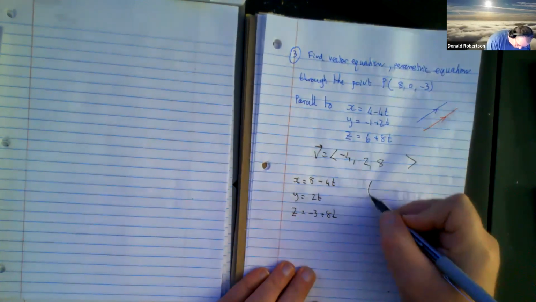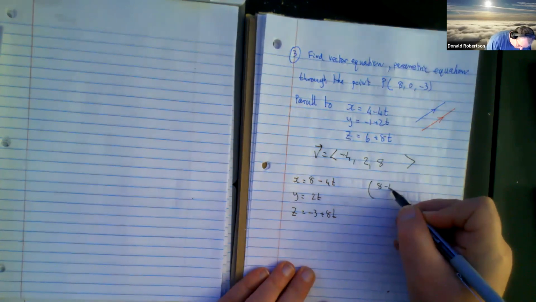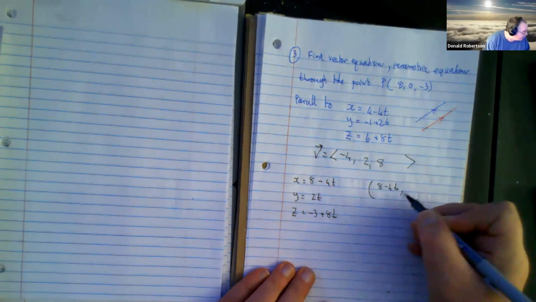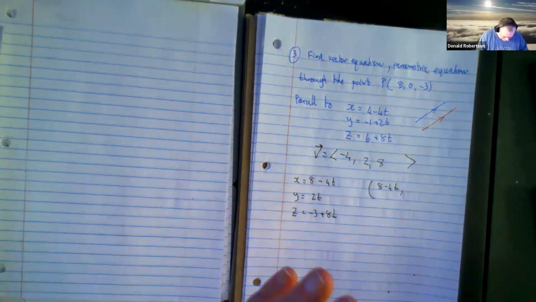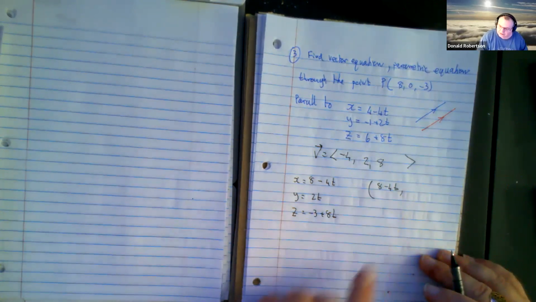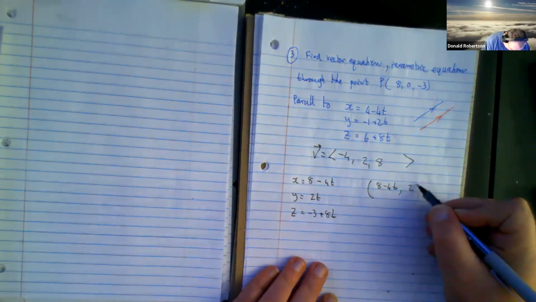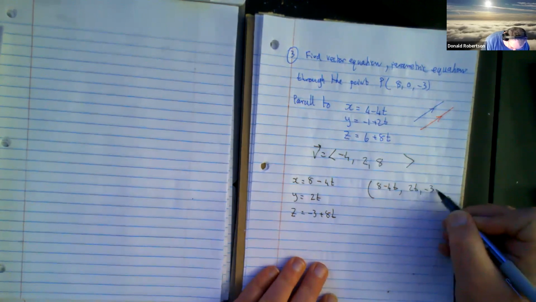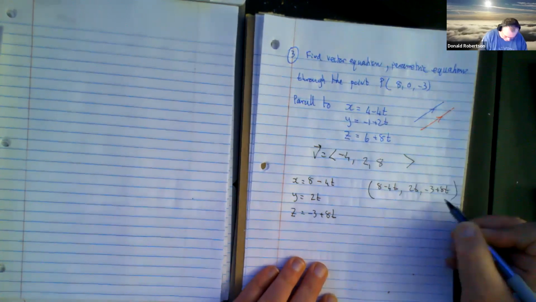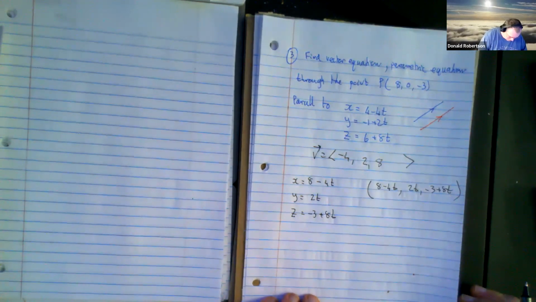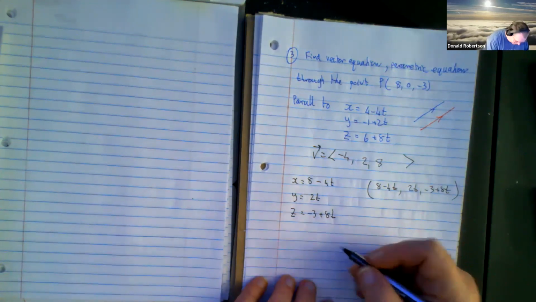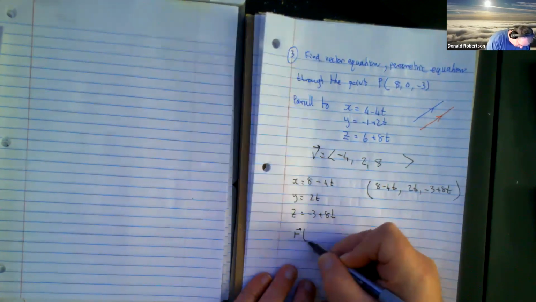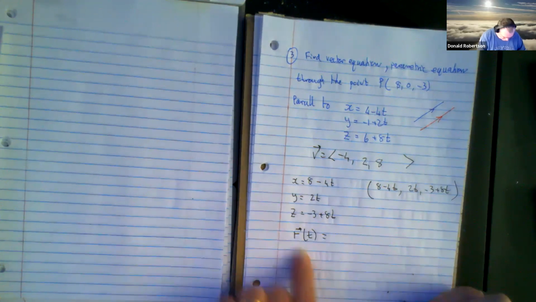And in WebAssign, you're going to have to write it with the funny little curved brackets. Although I think WebAssign already gives you the brackets, so you just need to stick these guys in. So you're going to put a little comma between them all, and that's how WebAssign wants you to do the parametric, this way. Now, you also have the vector equation. That's the notation that we use.